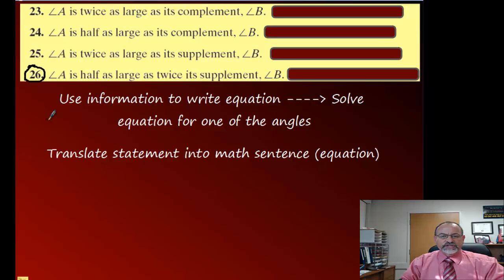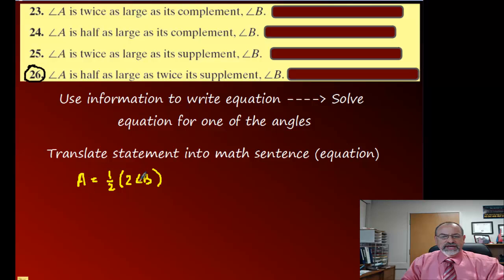We're going to do the same thing. We're going to translate this from English into math. It says that angle A is, that's an equal word, half as large as 2 times angle B. So angle A is half as large as twice its supplement.